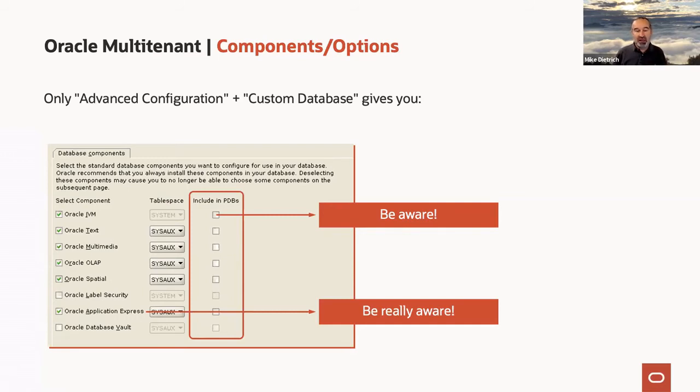Now let's say you have Apex 18 and you unplug and you plug into a CDB which has Apex 19 in the root container, then you need to upgrade Apex. Okay, that is the easy case. But what happens if you plug into a CDB which has no Apex in the root container? Then you can't plug in, because that part of Apex which lives in the PDB can't live alone.